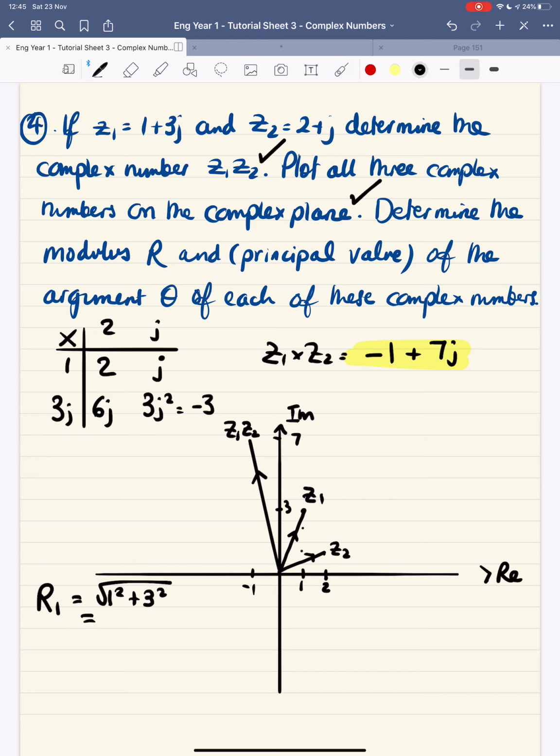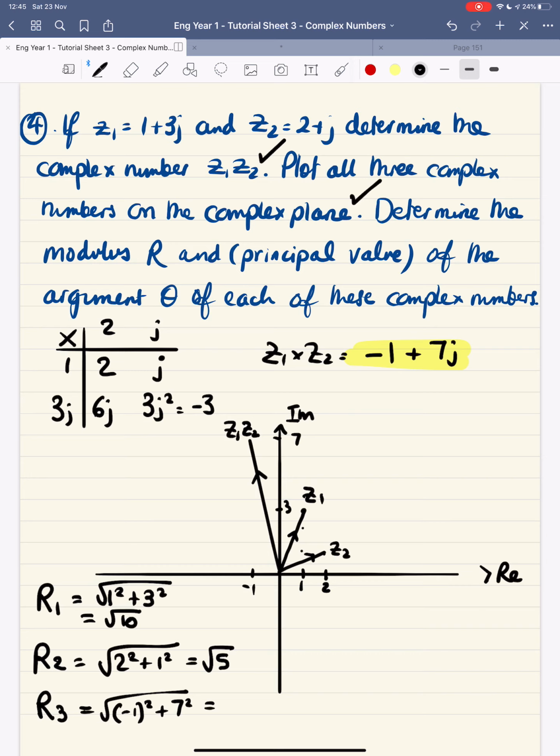So it's 1 plus 9, which is 10, so it's root 10. The r for the second one is the square root of 2 squared plus 1 squared, square root of 5. And the r for the third one, which is z1 times z2, is the square root of minus 1 squared plus 7 squared, which is the square root of 50. So we've got a set of answers there.